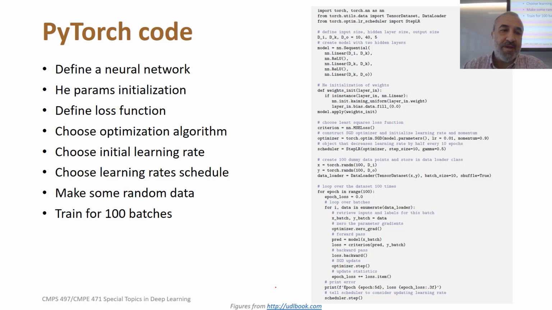So we'll see an example that shows how to do all of this: to define a network, to initialize the parameters, to define the loss function, to choose the optimization algorithm, to choose the initial learning rate and change it if we want, even to make random data and to train for, should be epochs, I think. That should be epochs. Okay, and train for 100 epochs.